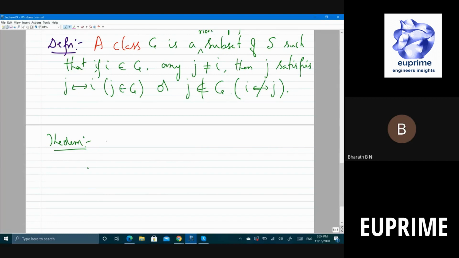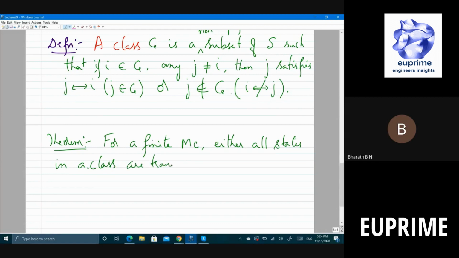For a finite Markov chain, either all states in a class are transient, or all are recurrent.